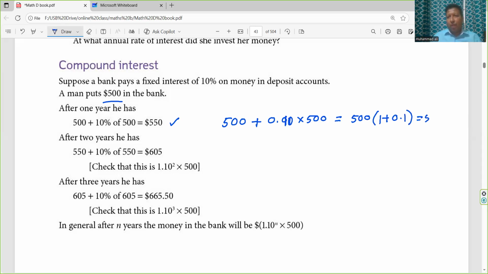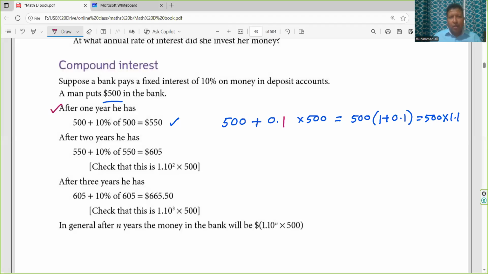So it will be 500 multiply 1.1. At the end of 1 year, the person will get 500 multiply 1.1.